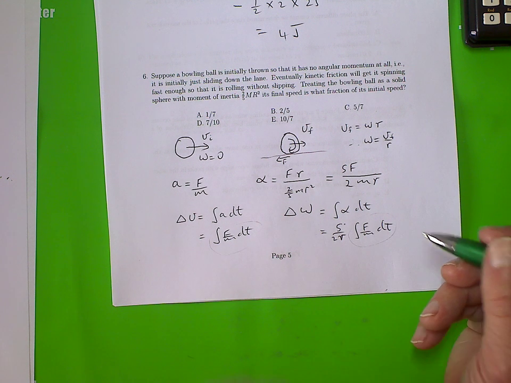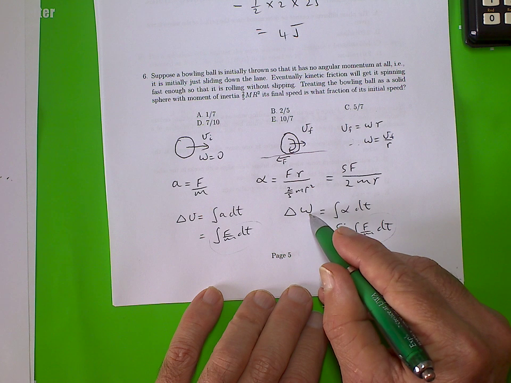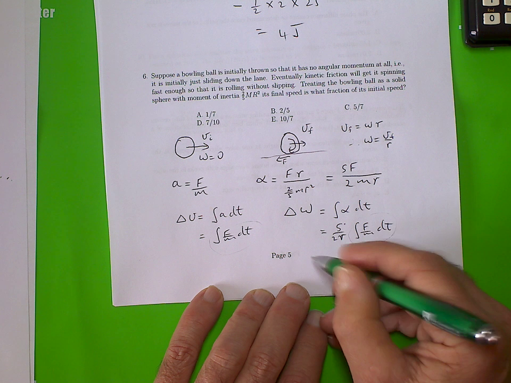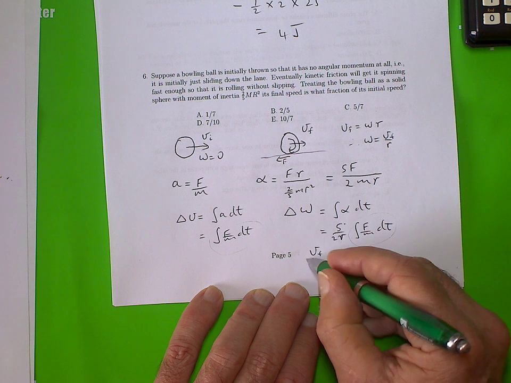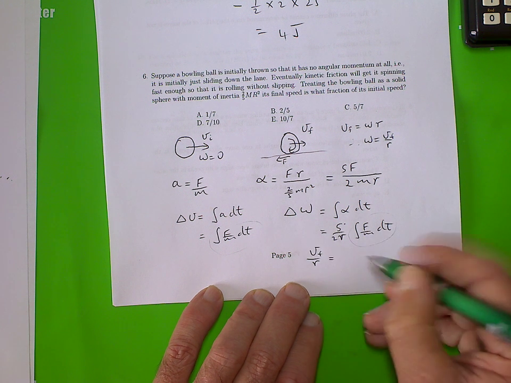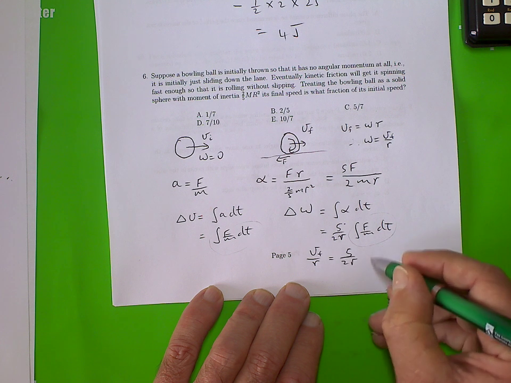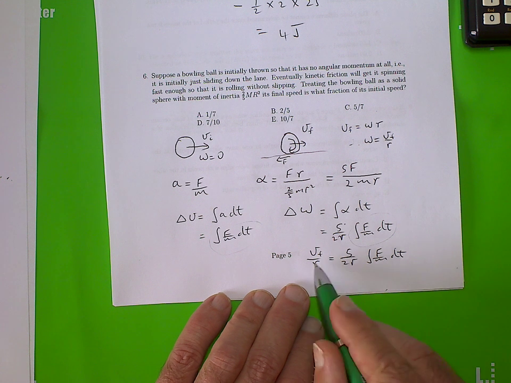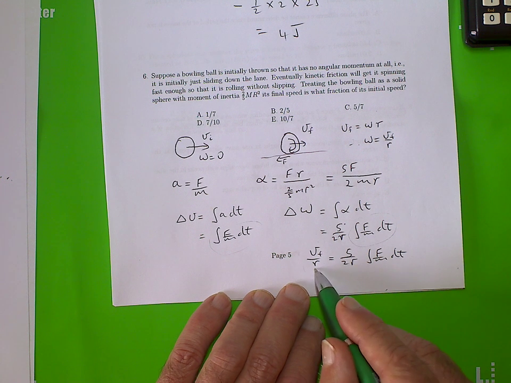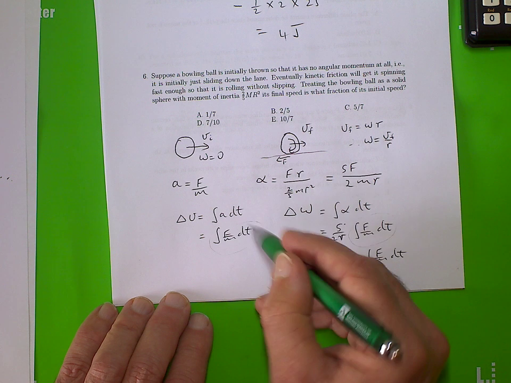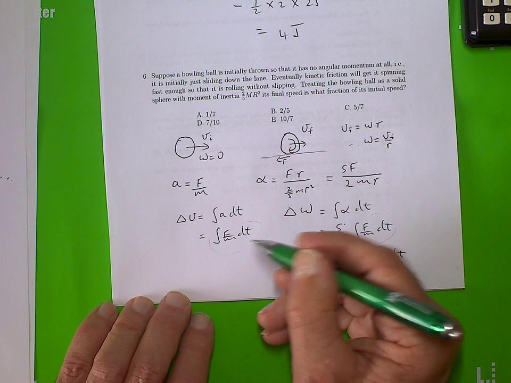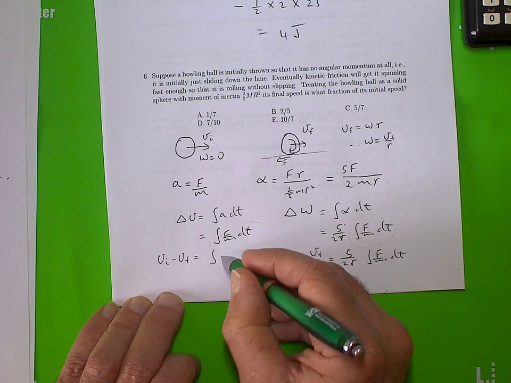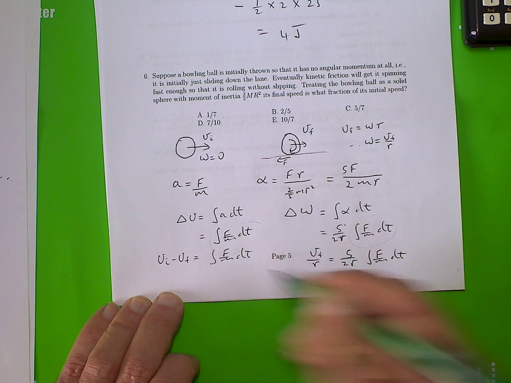Now, we know what the change in angular velocity is. It started at 0 and finished at omega, so we can say that the final velocity over r is equal to 5 over 2r, the integral of f over m dt, because this is the change in omega. What's the change in velocity? Well, the change in velocity is vi minus vf, which is equal to the integral of f over m dt.